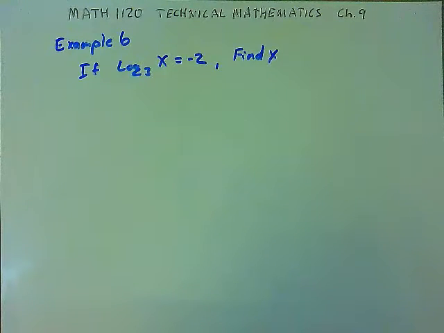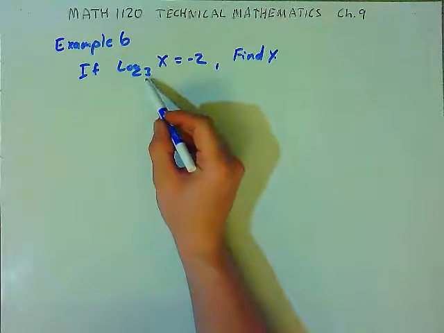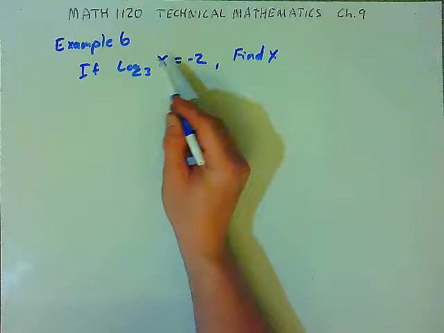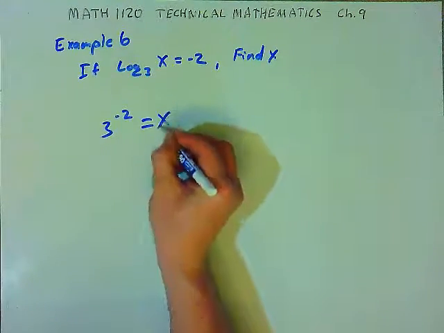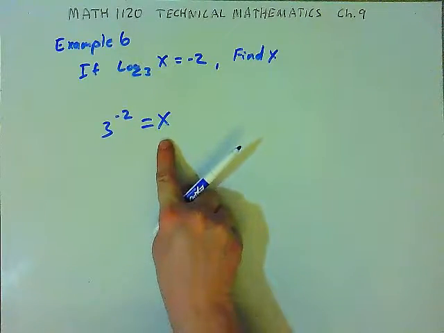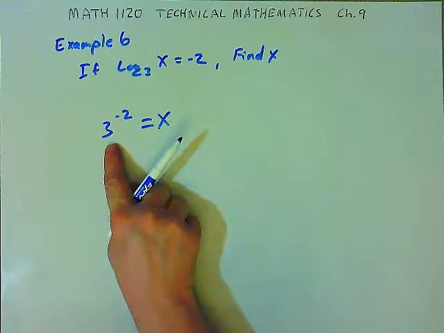Example 6 says if log base 3 of x is equal to negative 2, find the value of x. And again, this is going to be easiest if we first change this logarithmic function into an exponential function. And so the exponential equivalent says that 3 to the negative 2 power is equal to x. We just need to find 3 to the negative 2 power.